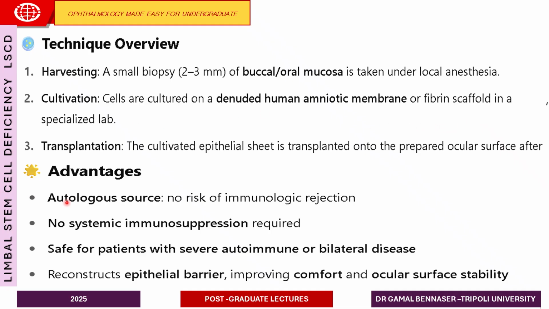Now the advantage, as I said, is that it is autologous, so there is no need for systemic immunosuppression, and it is safe for patients with severe and bilateral disease. It is also very useful for reconstruction of the epithelium, improving the comfort and ocular surface stability to improve the comfort of the patients.